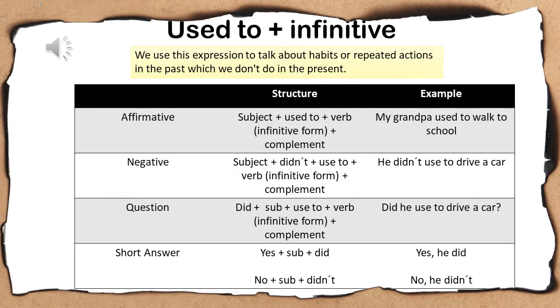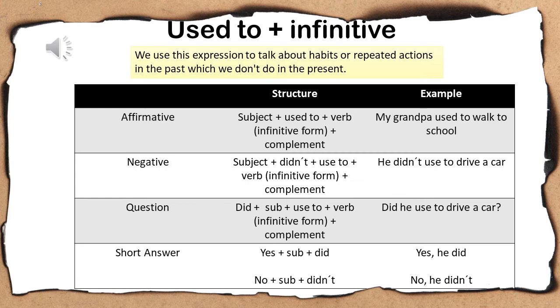Now let's see the structure for used to plus infinitive. We use this expression to talk about habits or repeated actions in the past which we don't do in the present. Used to in Spanish is something like solía hacer.